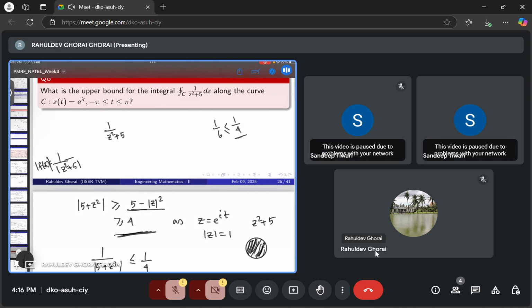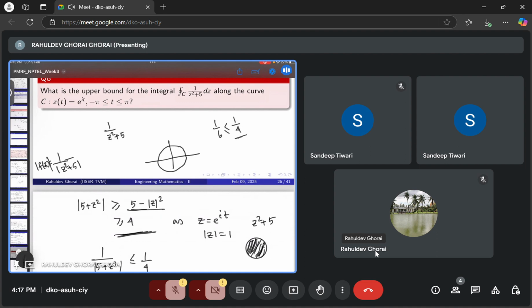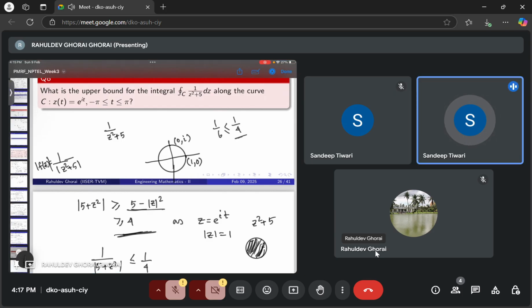But wait, the maximum modulus principle says that the maximum is attained on the boundary, right? So this point 1, 0 is also on the boundary. Why did you then take 0, i? This is also on the boundary, sir.